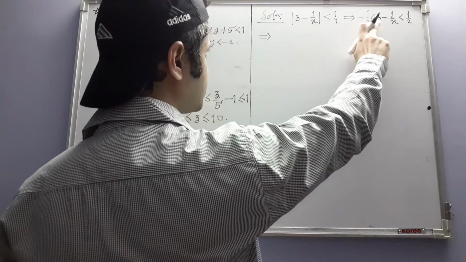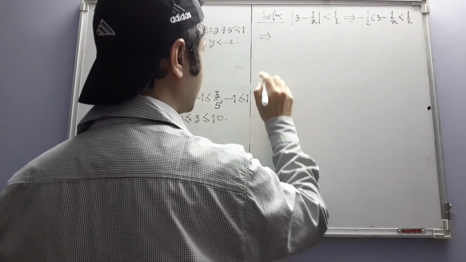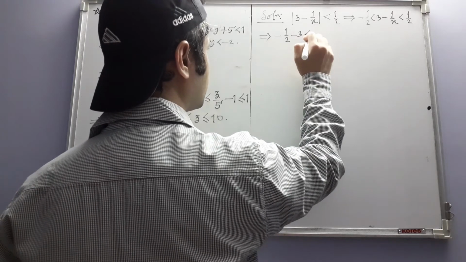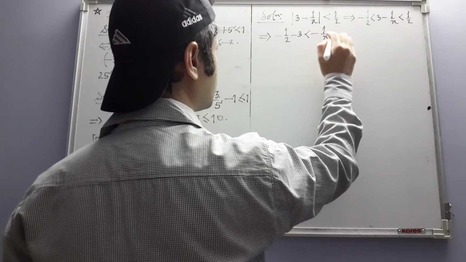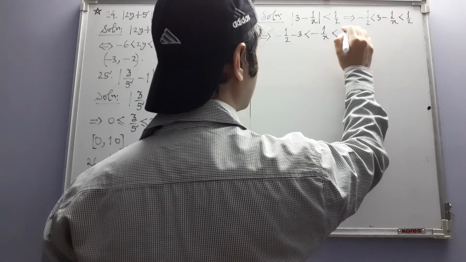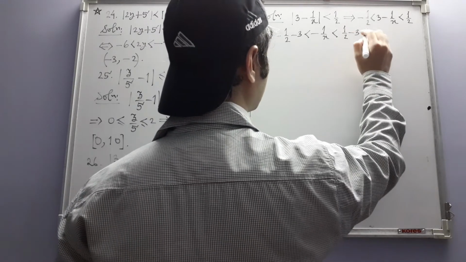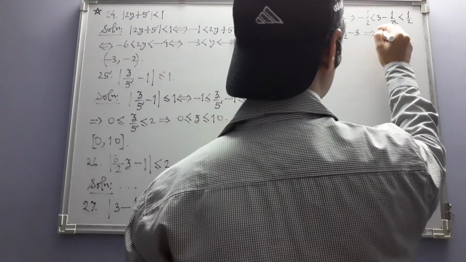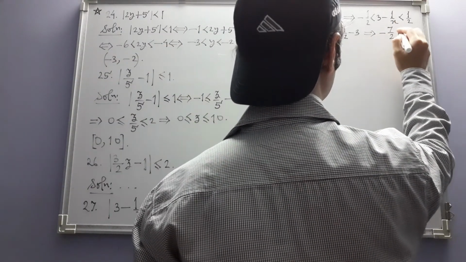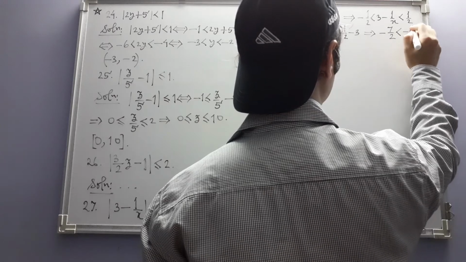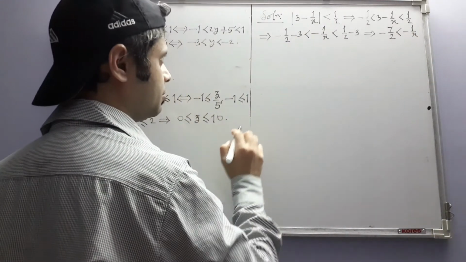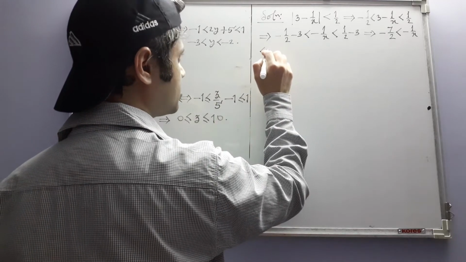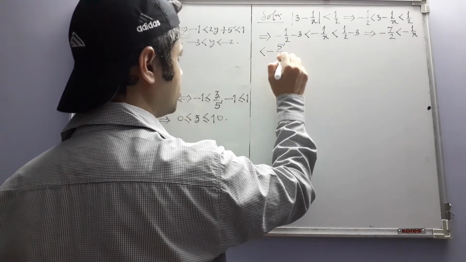Also, we can subtract 3 from all the terms, which implies this becomes minus 7 divided by 2 less than minus 1 divided by x, and that is less than 1 minus 6, which is minus 5 divided by 2.